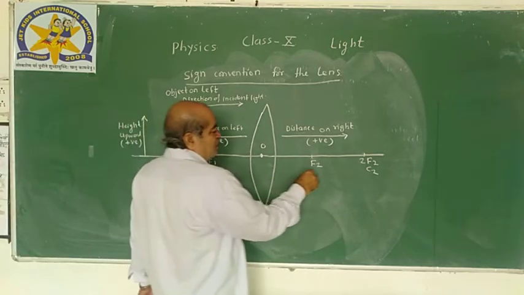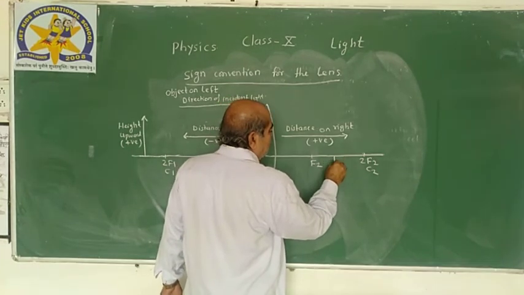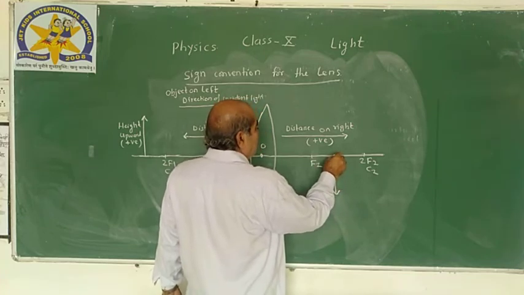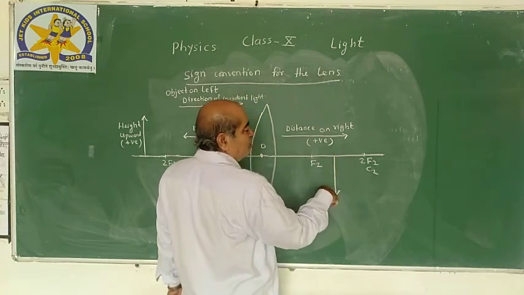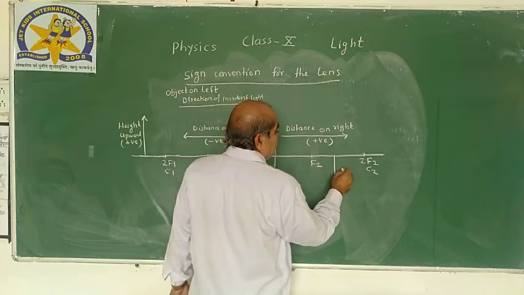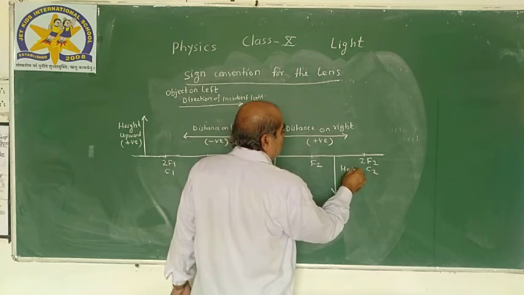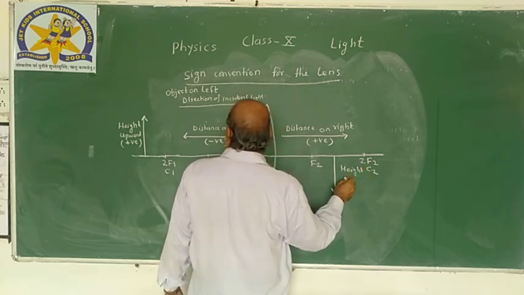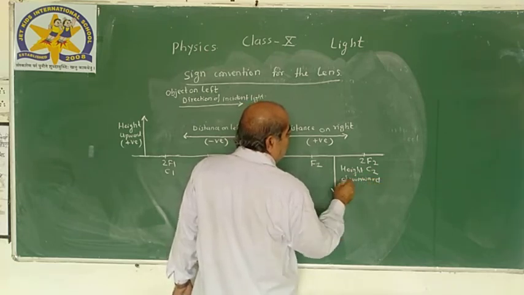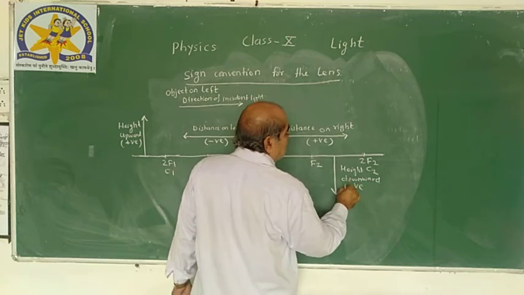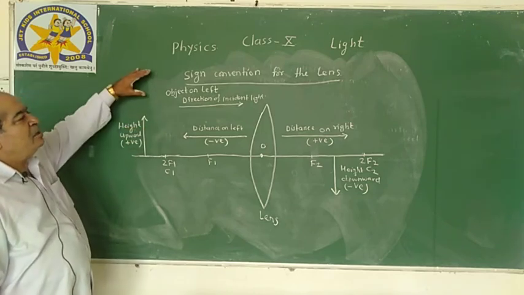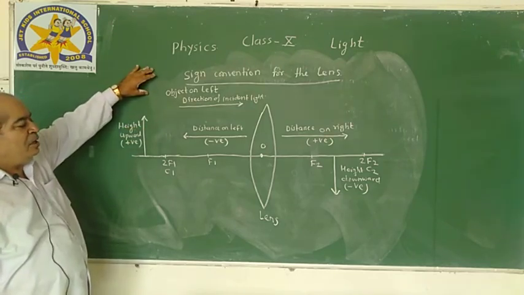The height perpendicular to the principal axis and below the principal axis is taken as negative. This is the height upward, this is the height downward, and the height downward is taken as negative. These are the sign conventions used for the lens.